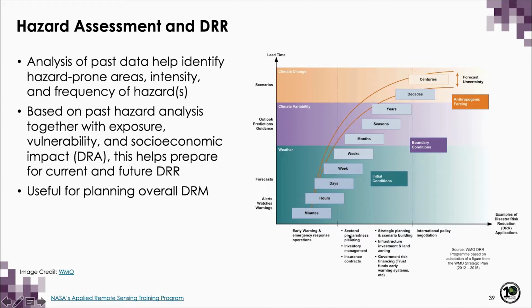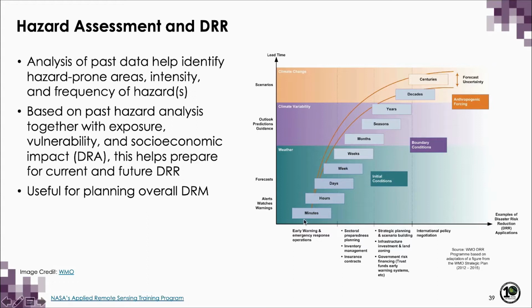Similarly, sectoral preparedness planning, inventory management, insurance contracts, etc., require not only alerts and watches but also forecasts, and here is the time scale that is required. For longer lead times, they are required for strategic planning, for mitigation planning, and governments can put strategies and policies in place. So these are long-term requirements.